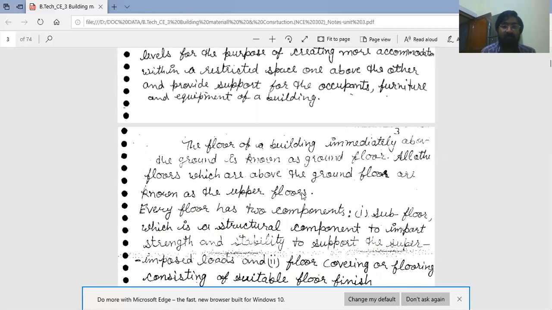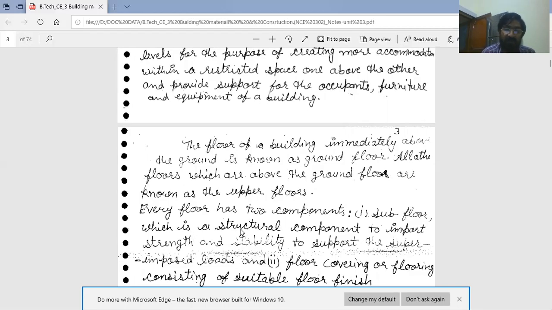The floor of a building immediately above the ground is known as ground floor. All other floors which are above the ground floor are known as the upper floors: first floor, second floor, third floor.